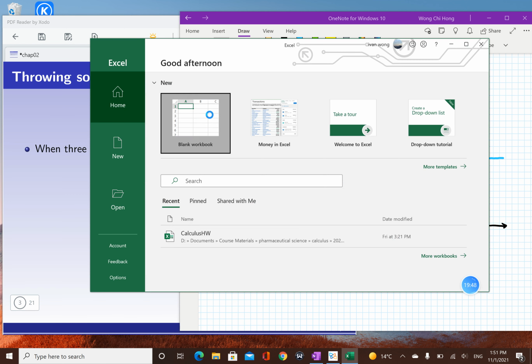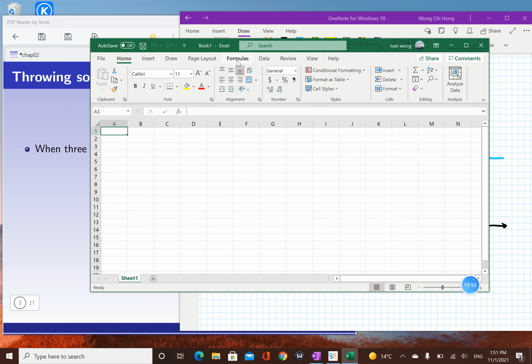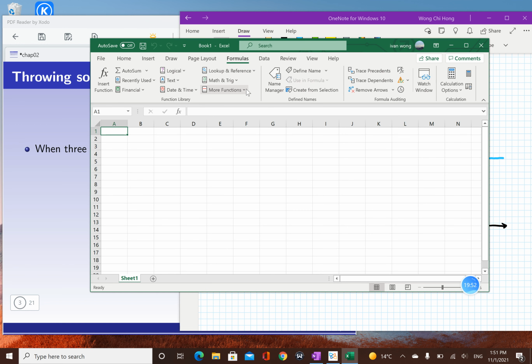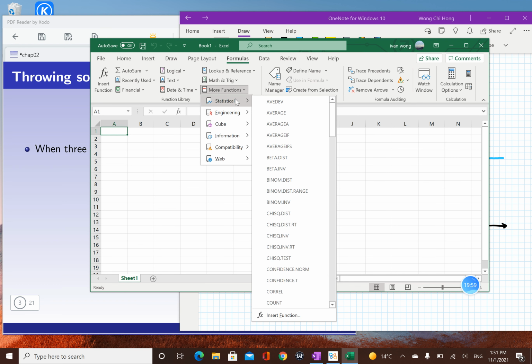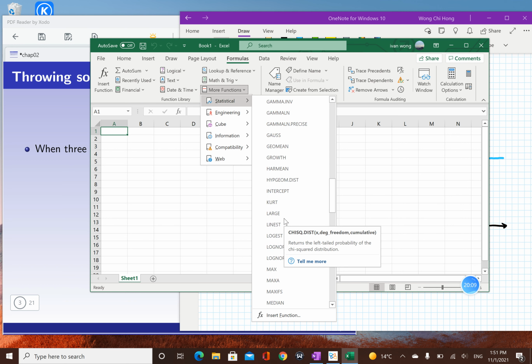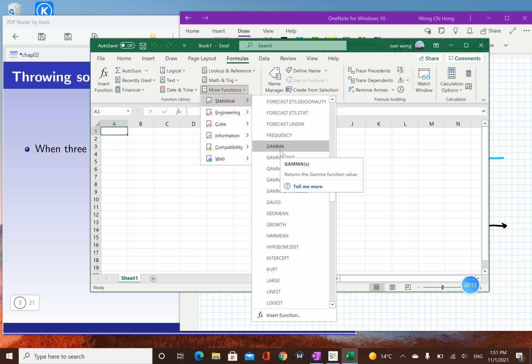You can do all sorts of popular probability distributions. If you just go to formula, more functions, statistics, we've got binomial distribution, which we will talk about in a minute. And we have things like gamma, which we probably wouldn't touch.